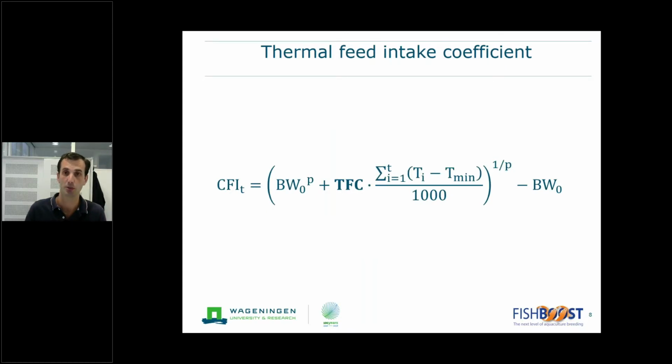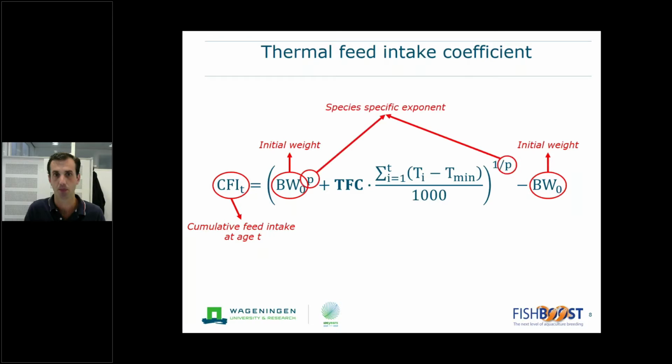Similarly, we can use thermal feed intake coefficient. This is the equation that I use. I aim to predict cumulative feed intake, which is the feed intake over the lifetime of a fish at a given age t, from initial weight, a species-specific exponent, which is different from the species-specific exponent to predict body weight, and the sum of day degrees above a minimum temperature for growth.